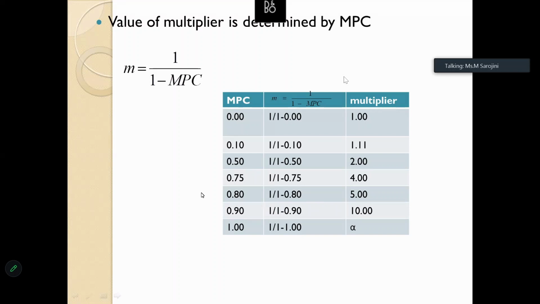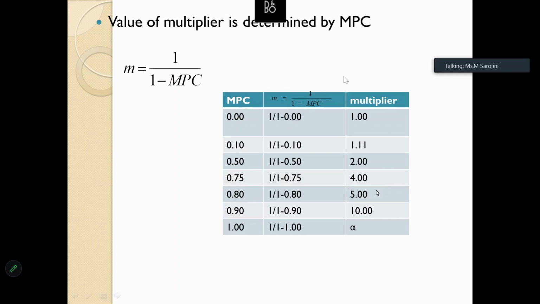Here, once we add 0.1 in this multiplier equation, you can get 1.1. Likewise, 0.5, 0.7, 0.8, and 0.9. From this information, we can conclude that once the MPC increases, the value of the multiplier also increases.